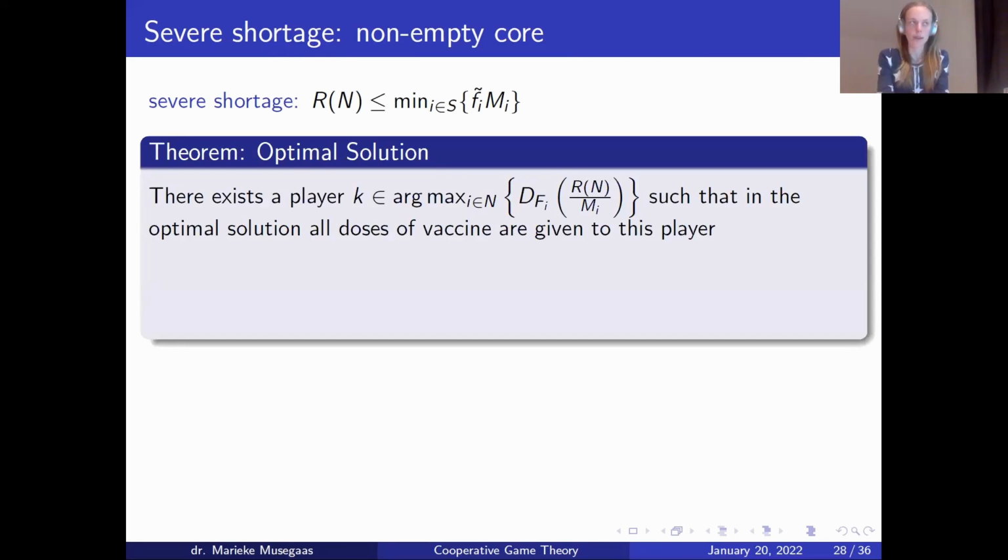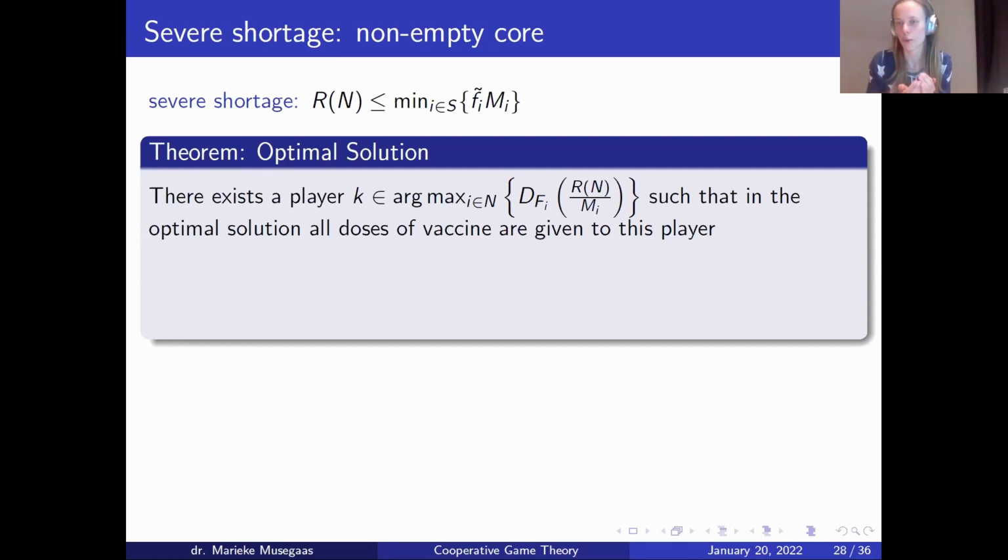Then, again, it is an OR game. So we first want to know what is the optimal solution. So how do we need to allocate the vaccines? After that, we will look at the game theory question. How do we divide the money, actually, in this case? So first, the optimal solution.